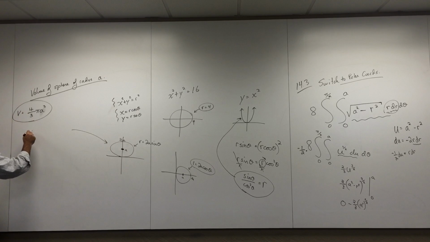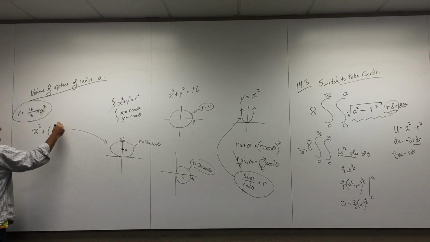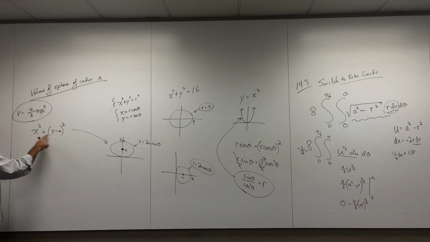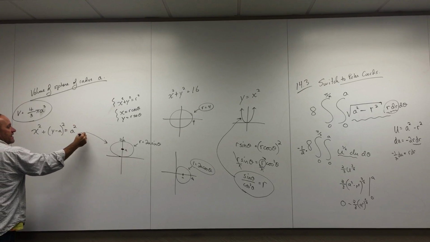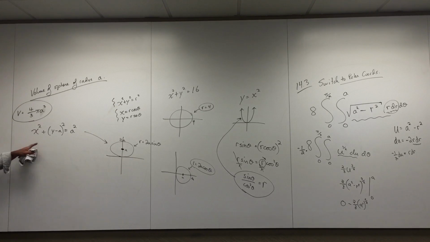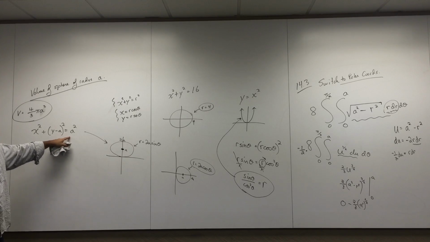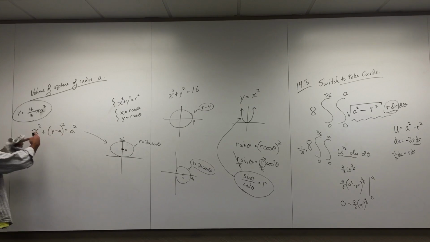So could you write an equation for a circle centered at (0, a)? That's centered at (0, a), and it's got a radius of a. Anyway, that's his name in rectangular coordinates.